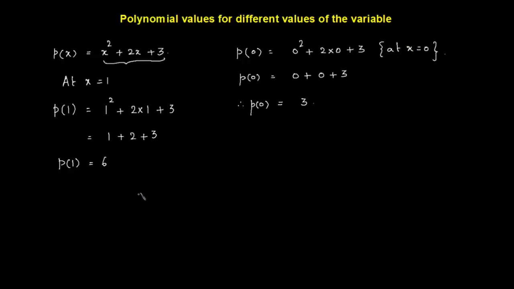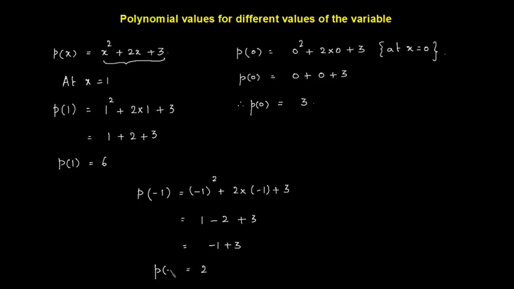Now let us find out P of minus 1. What is P of minus 1? It is nothing but minus 1 the whole square plus 2 into minus 1 plus 3, and that is going to give you 1 minus 2 plus 3, which is nothing but minus 1 plus 3, and that is equal to 2.